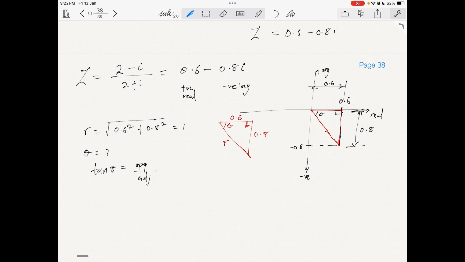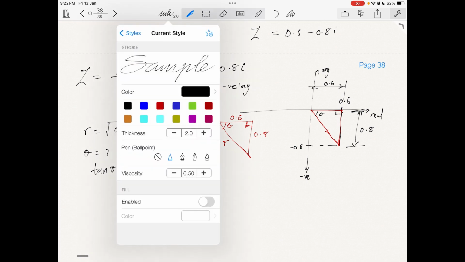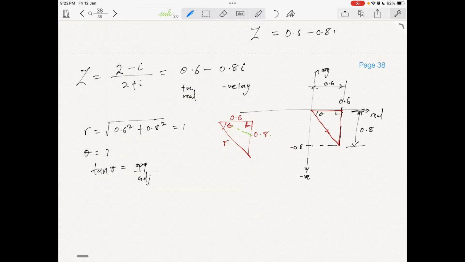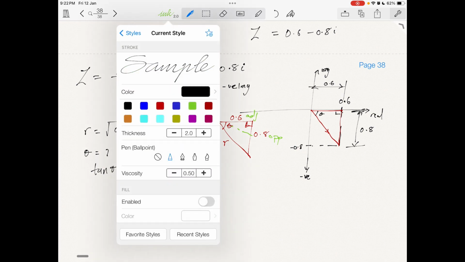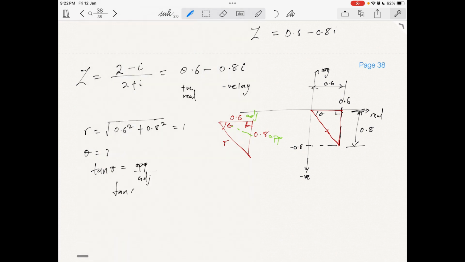The side facing angle theta is called the opposite and the other side is called the adjacent. So our tan theta therefore is equal to 0.8 opposite divided by 0.6 adjacent, and 0.8 divided by 0.6 will give us 1.33.